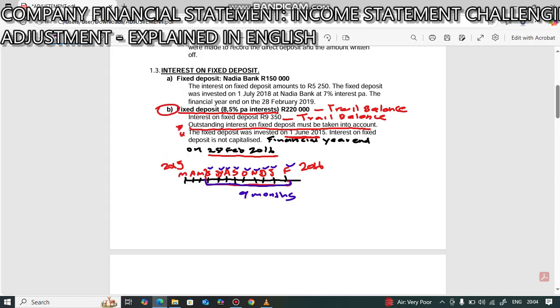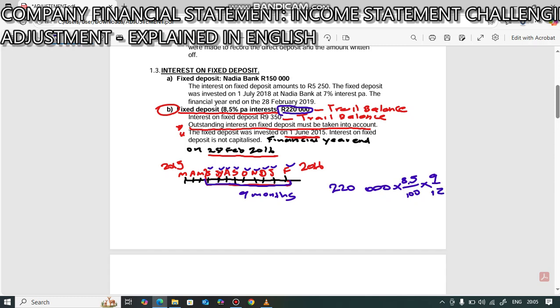In order for us to calculate this outstanding interest, we need to calculate the total interest that was supposed to be received by the business. We take the total amount of the fixed deposit from our trial balance, times 8.5 divided by 100, and then we consider the months: 9 over 12.